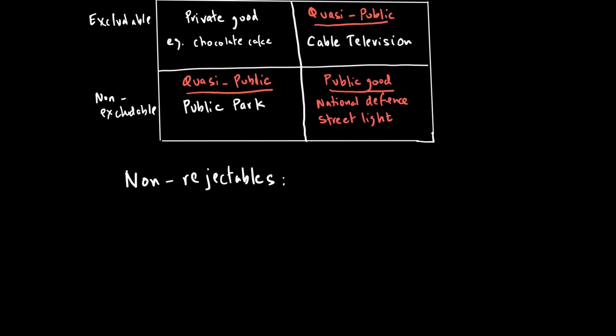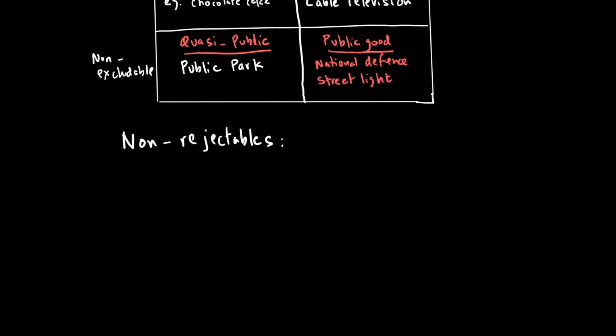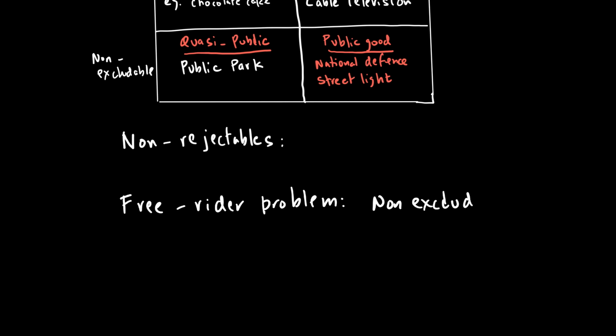So what leads to the non-rivalry and non-excludability? The problem that comes for public goods is what we call a free rider problem, which comes about because of the non-excludable nature of the good.